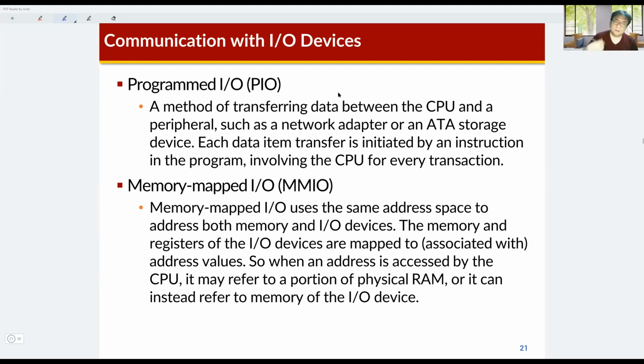That means the CPU is involved in these data transfers, and the CPU also supports some dedicated instructions that control the data transfers between the CPU and I/O devices. This is programmed I/O.